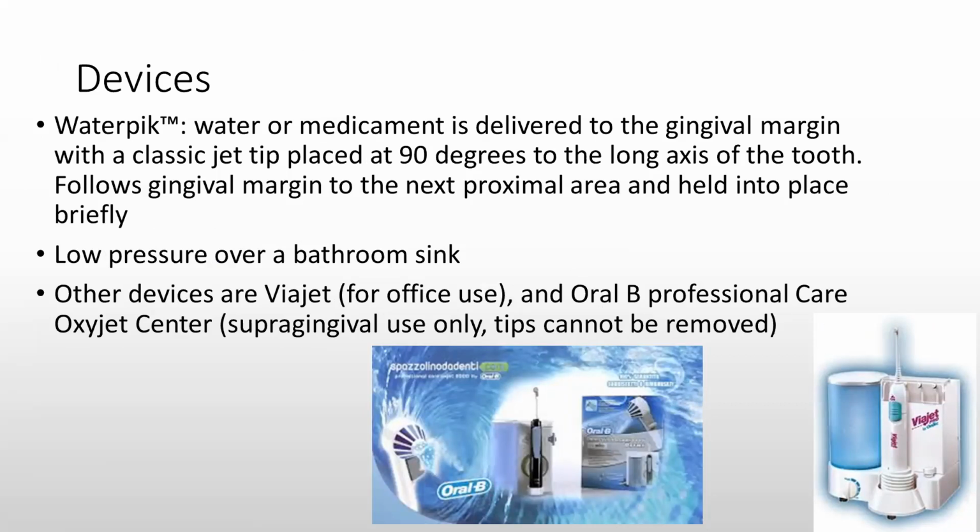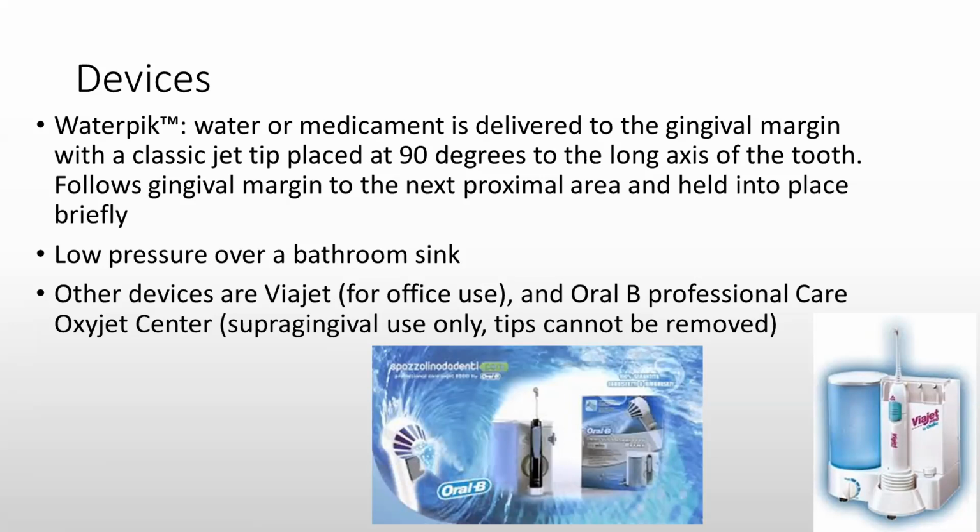Offices are selling them. We are giving coupons from different companies to our patients. Waterpik is a brand name, and they have a number of different models out, from very inexpensive to something with bells and whistles. They even have a new one called Fusion, which incorporates a power brush with the Waterpik device. So you're doing everything in one. There's a ViaJet, which I used to do chairside, which actually warms the medicament as well.